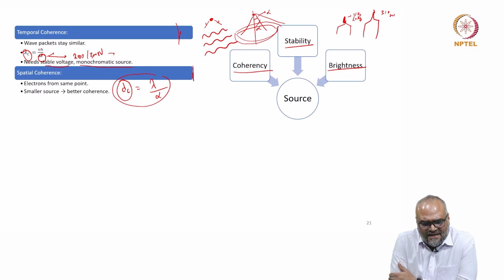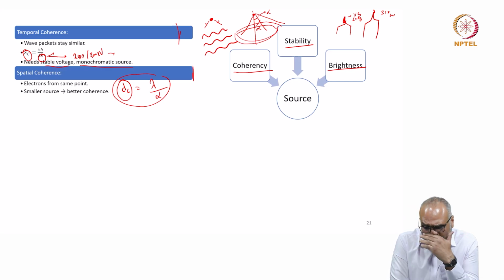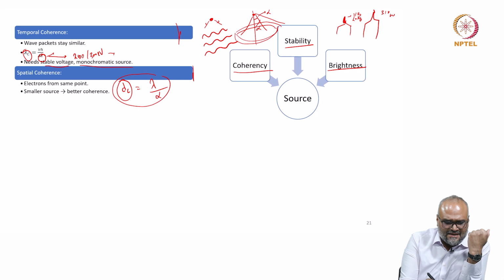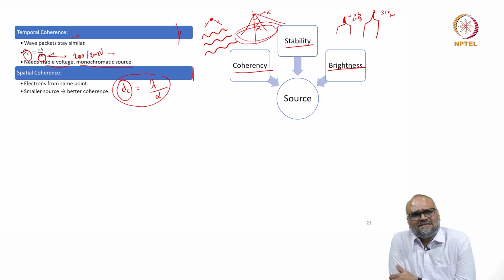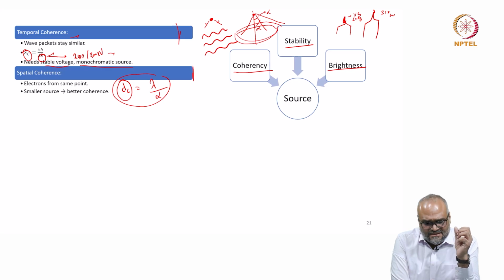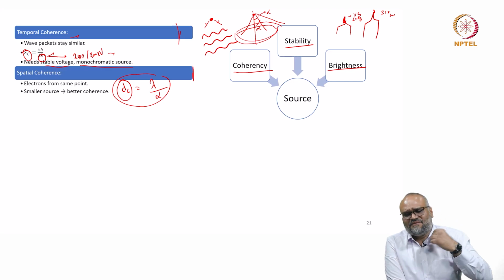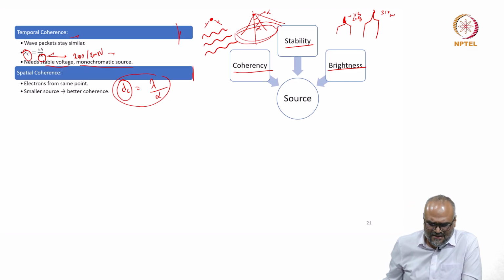One could argue that because there is one particular crystallographic facet over which emission happens from a lanthanum hexaboride filament, my temporal coherence is probably not too bad in a thermionic emitter, but the spatial coherence, because it happens from a much larger area, is much poorer in comparison with a field emitter. This coherency in fact again plays a role in the resolution of a microscope.